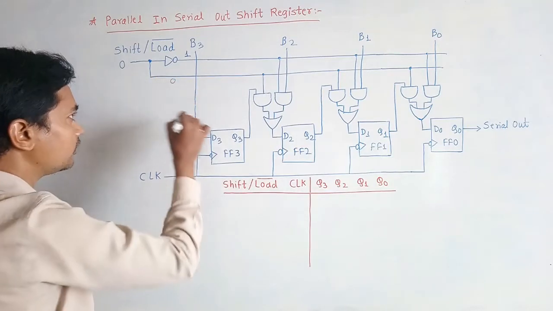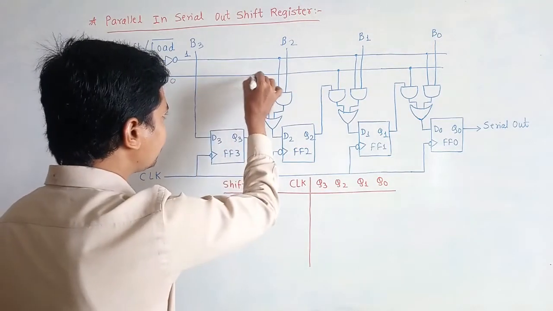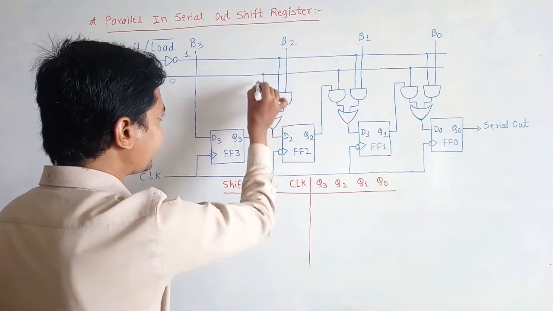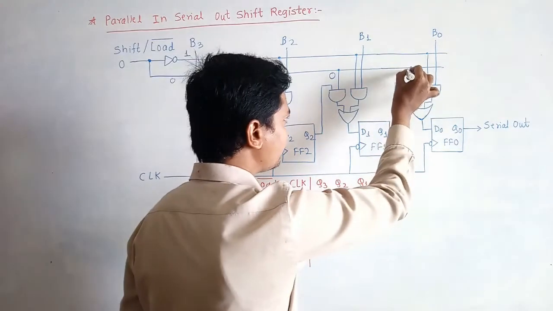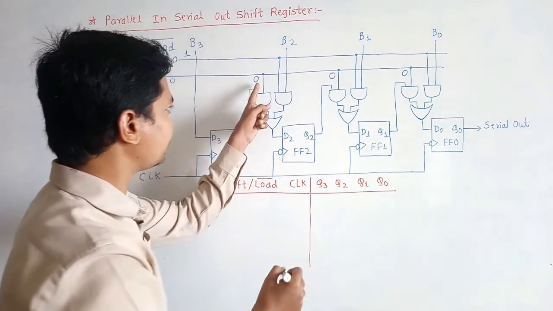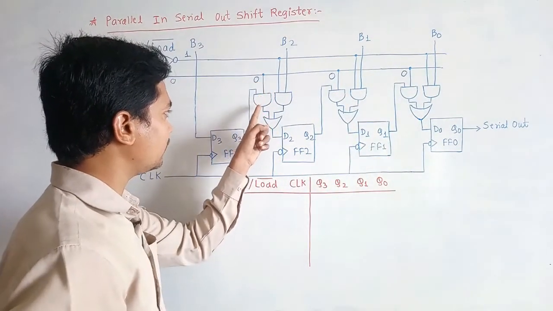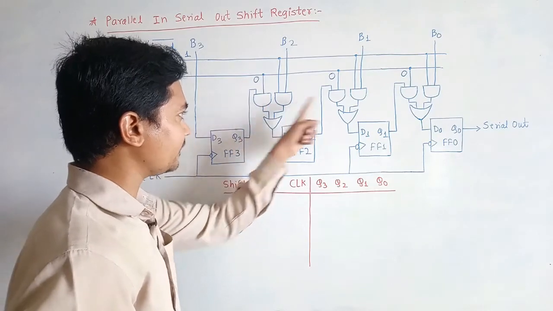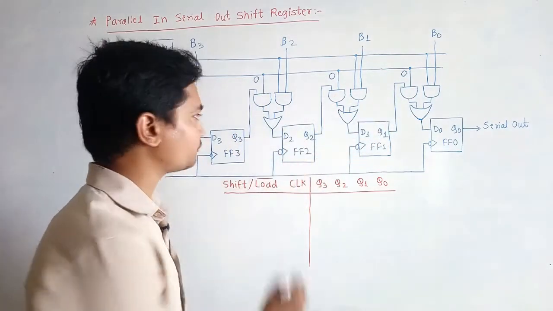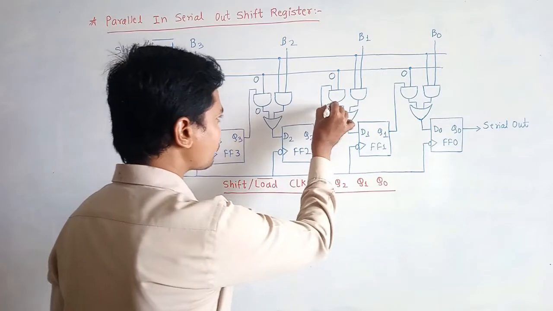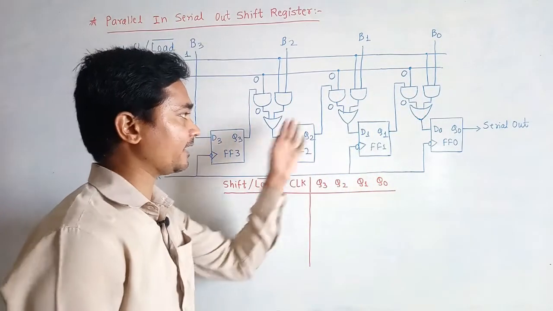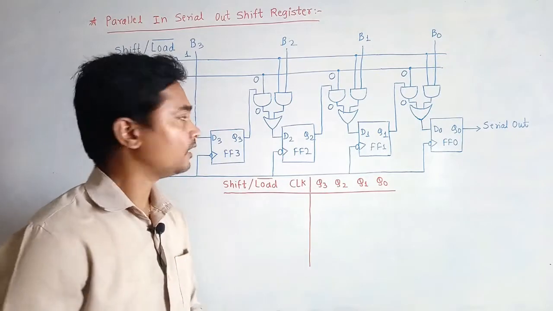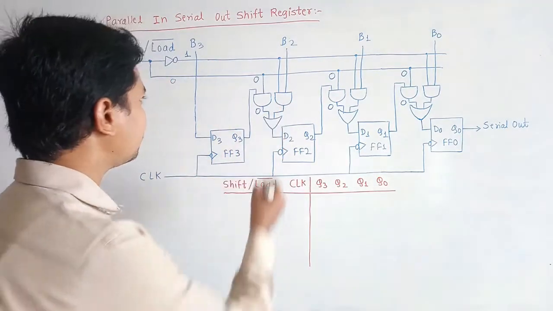Due to this 0, the 0 will be applied to the first AND gate of each D flip-flop. Due to this single input of 0, the output of each first AND gate will be 0. Now what about the second AND gate of each flip-flop?